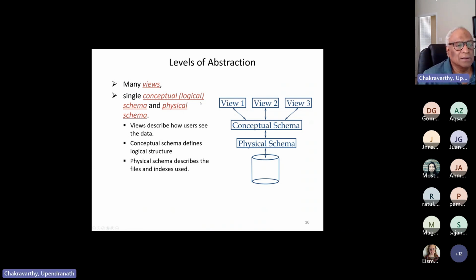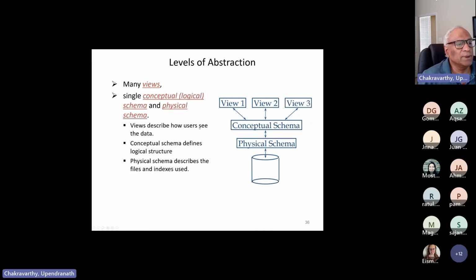And then there is a third level of abstraction, which is what the user sees or uses. And the reason for all of this is these abstractions hide what is underneath and provide a kind of common interface. So these are known as conceptual or logical abstraction or schema, and physical abstraction.